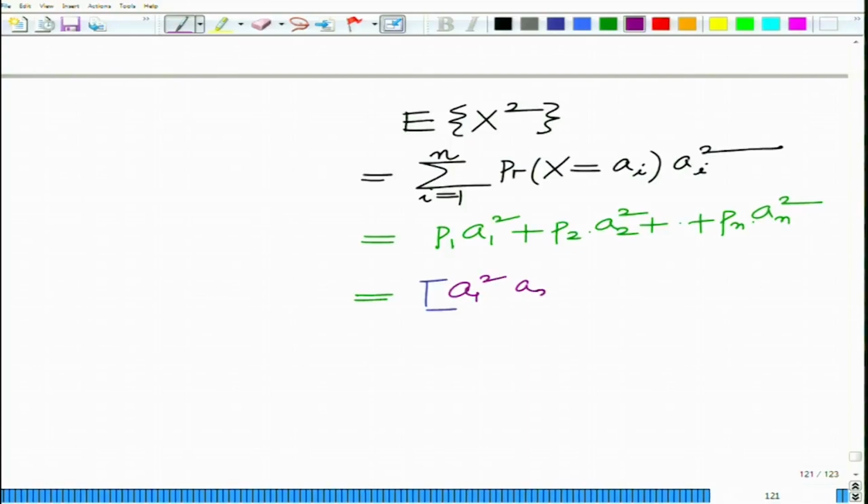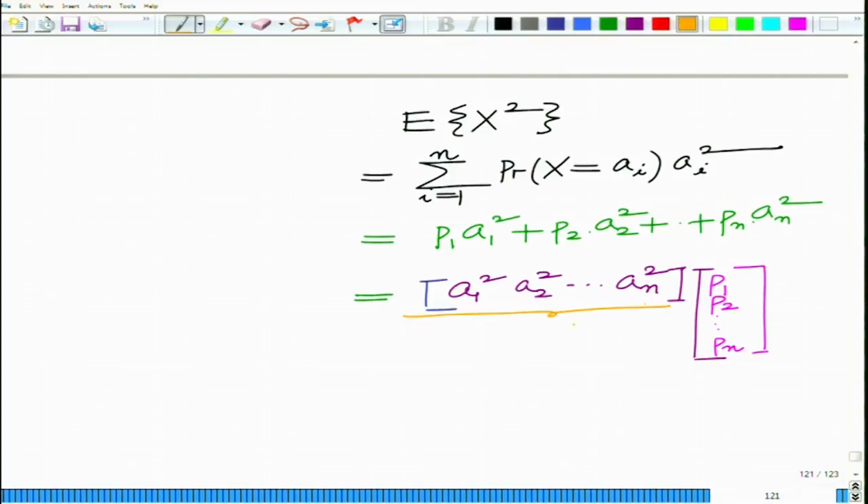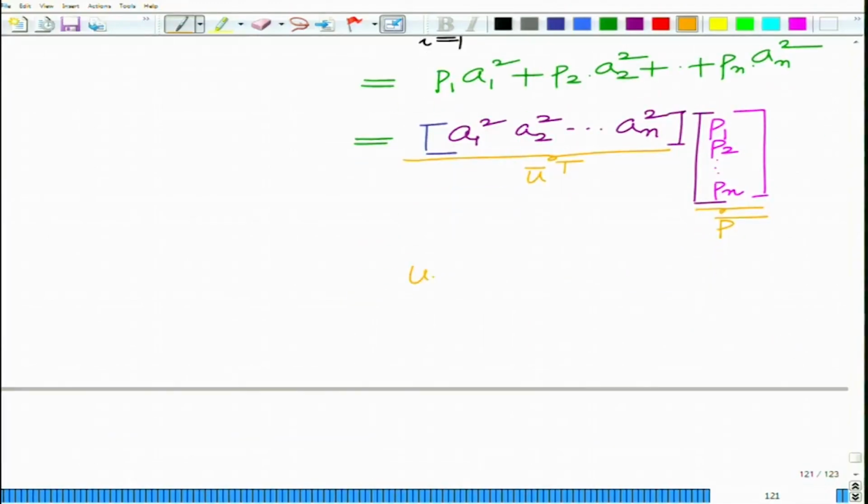I can write this as A1 square, A2 square, up to An square, times the vector P bar, P1, P2 up to Pn. If you look at this, this is a different vector, let us call this u bar transpose. This is your vector P bar, where u bar is the vector A1 square, A2 square, so on up to An square.